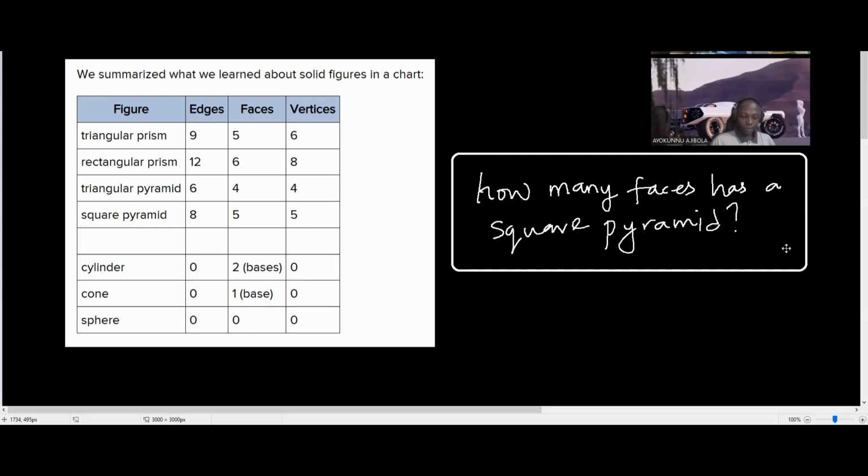What's the answer? Check it from the table. Rectangular prism. The eight. I mean five. Five. Now you're talking. So the next one that I'm going to ask you, how many vertices has a rectangular prism?